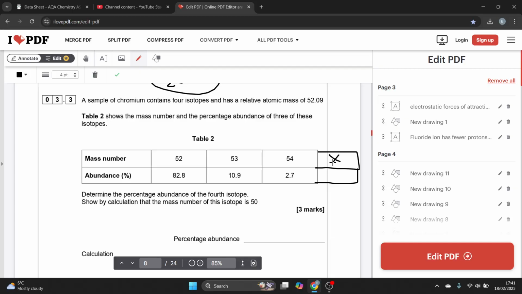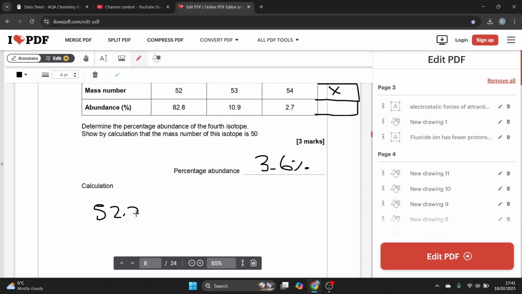The abundance though, well, it's going to be 82.8 plus 10.9 plus 2.7 and then 100 minus my answer, 3.6%. And I know the relative atomic mass is 52.09, so I can say 52.09 equals 52 times 82.8 plus 53 times 10.9. And this question is an example of how they can involve algebra in it. But in this case, it's not too difficult.